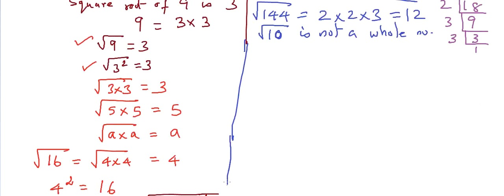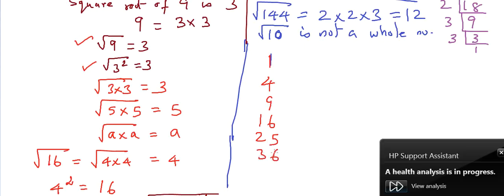The square of 1 is 1, so 1 times 1 is 1. So 1 is a square number. 2 times 2 is 4, so 4 also is a square number. 3 times 3 is 9. 4 times 4 is 16, or 4 squared is 16. 5 squared is 25. 6 squared is 6 times 6, 36, and so on.